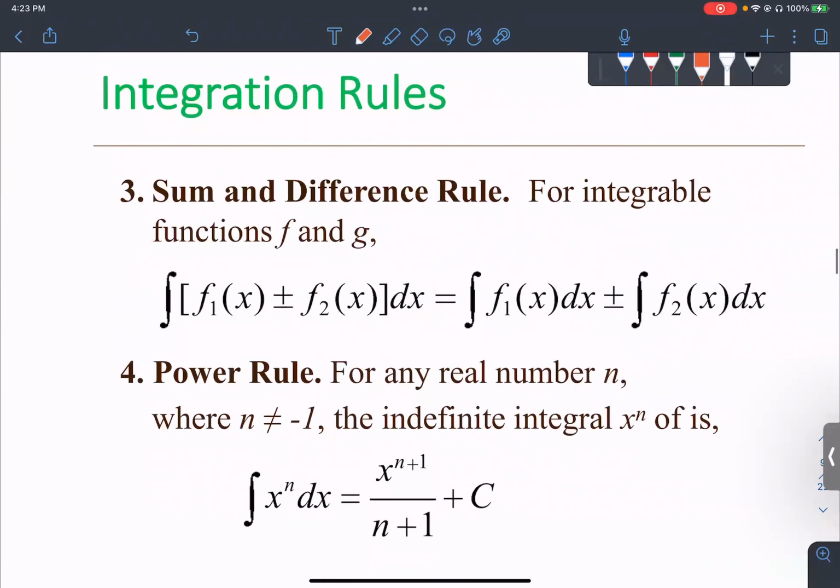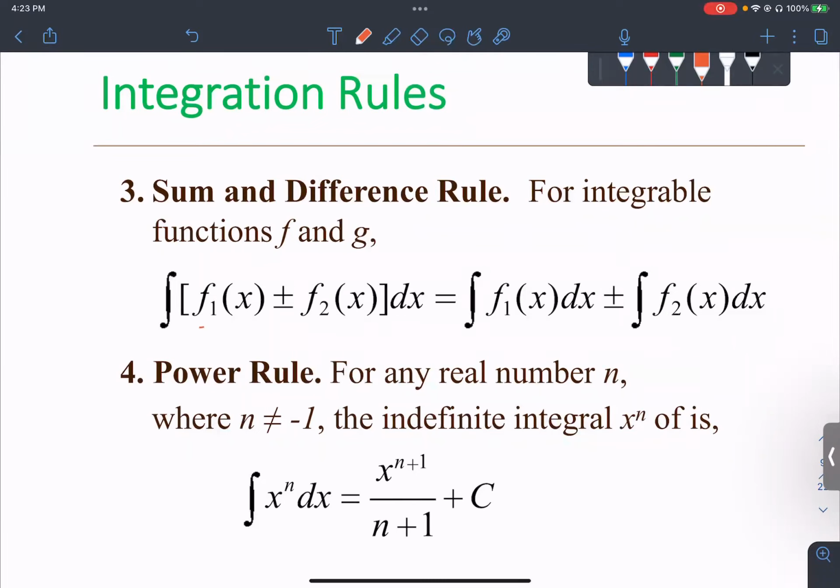The third rule, we have the sum and difference rule. The sum and difference rule states that if we are to find the integral of the sum or difference of two functions, we can simply distribute the integral sign to each given function.